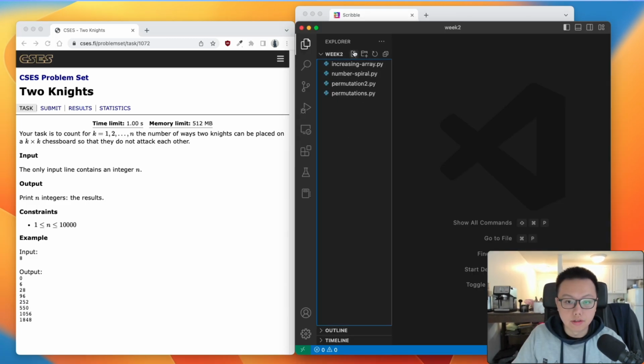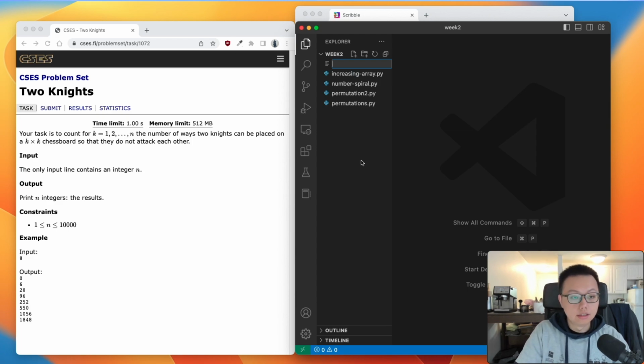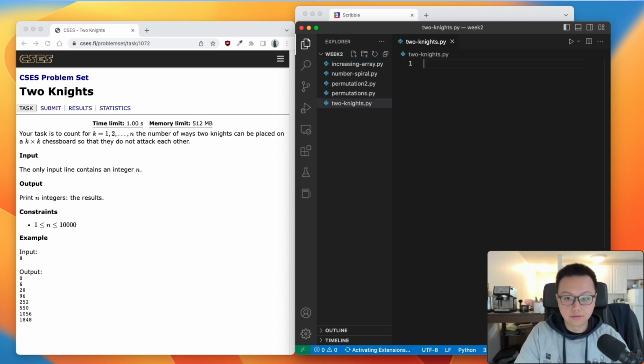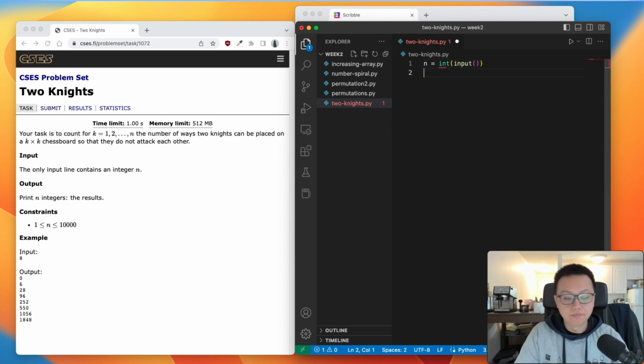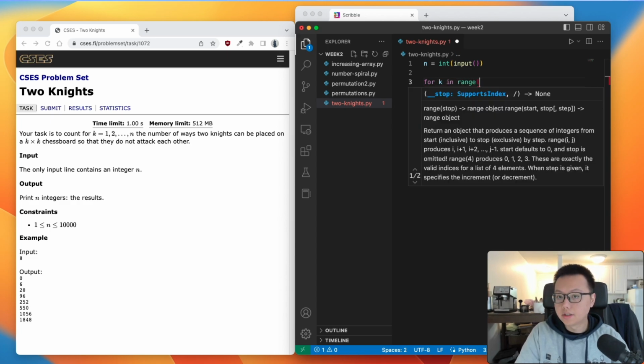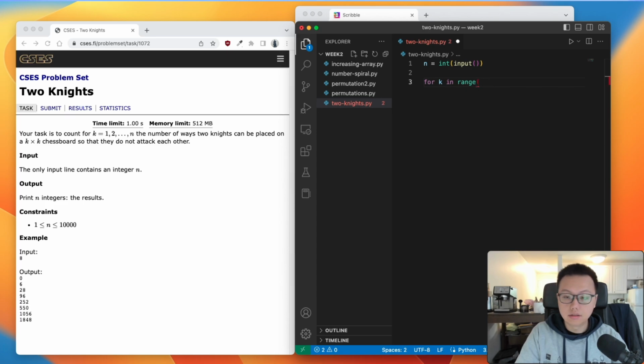First, we add a new file. Then we read the input. Then for each k value, we try to solve from the previous value to the current value.